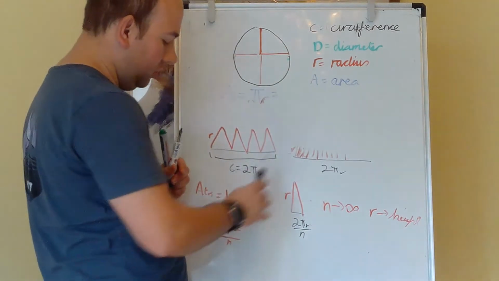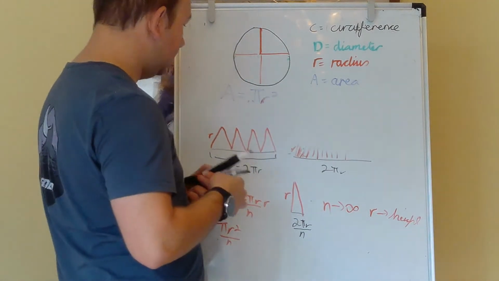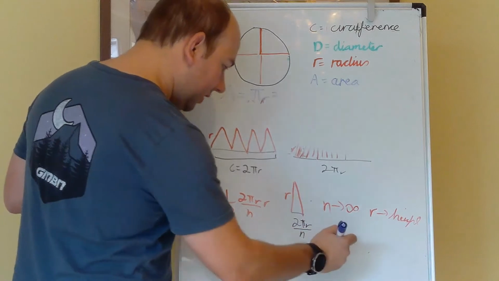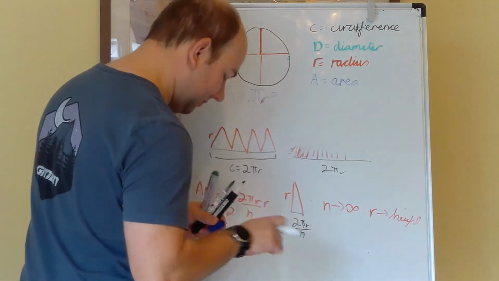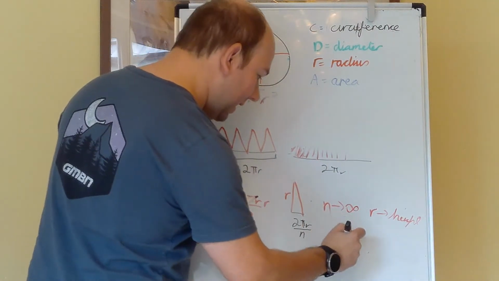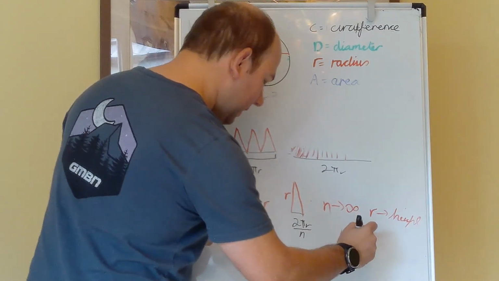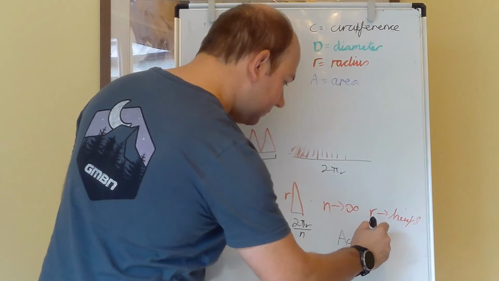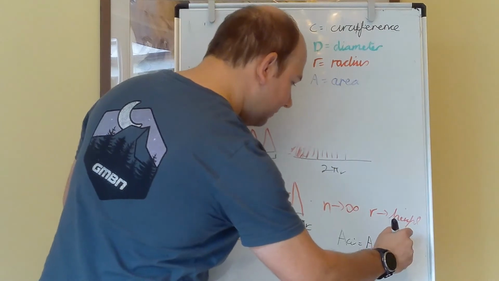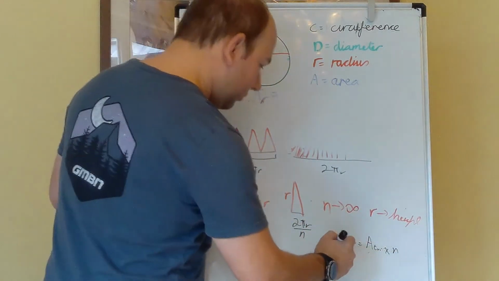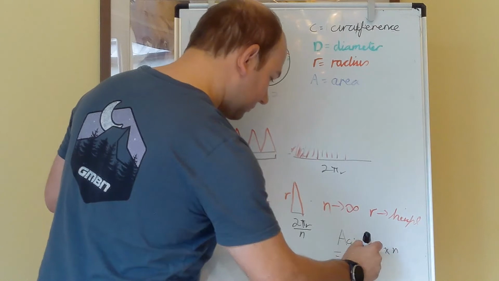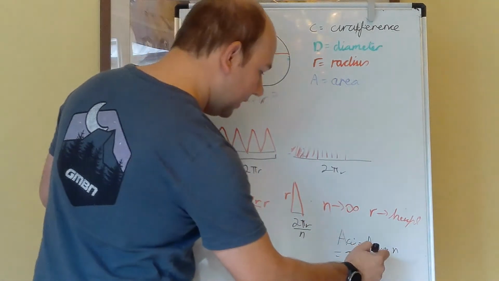However, when we've unwrapped the circle, we now have n triangles. So if we go back to the blue pen, the area of the circle, and this pen is running out so I'm going to go with black instead, the area of the circle is equal to the area of the triangle multiplied by n, which is equal to pi r squared over n multiplied by n.